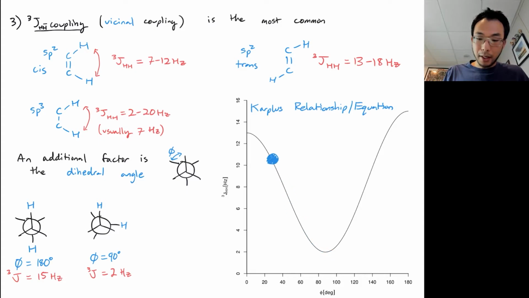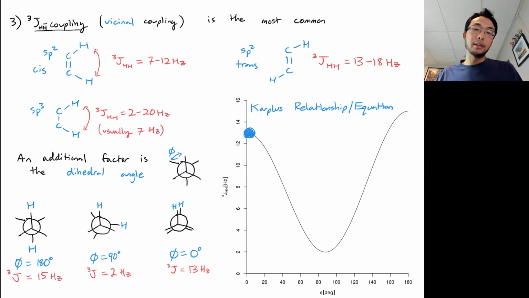As we go back up again, now to being totally eclipsed, where the dihedral angle is 0 degrees, again our vectors are aligned and thus can communicate with each other a little bit. We get back to a larger J value. On the Karplus plot here, that's at 13 Hertz, so maybe a little bit smaller than the anti version, but still a large J value.